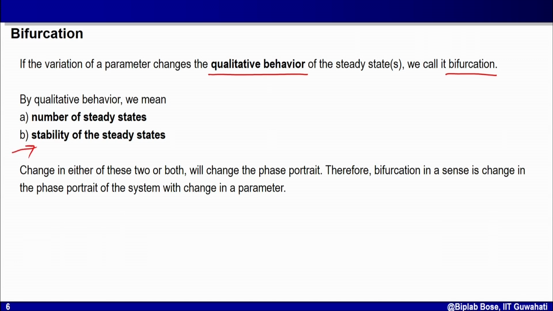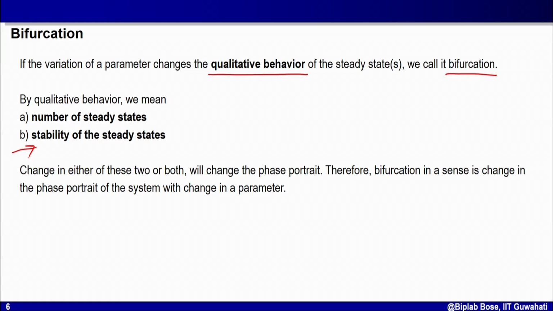So there can be a parameter which controls either the number of possible steady states, or it may control the stability of the steady state without changing the number, or it may affect both of them together simultaneously. In all these cases, I will say this parameter causes bifurcation in the system, and the system has a bifurcation, and the parameter that is causing this bifurcation will be called the bifurcation parameter.